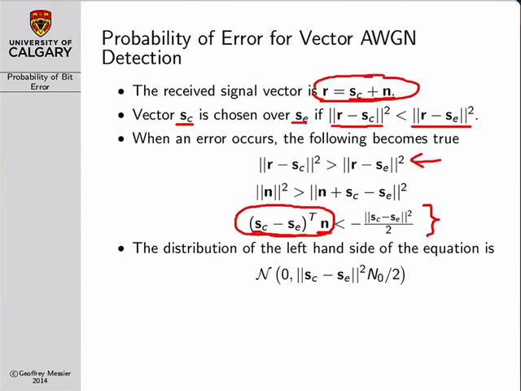And so if we look at the distribution after this vector multiplication, the noise terms will still be zero mean, but the variance, rather than being N_0 divided by 2, is N_0 divided by 2 scaled by the square of the distance. And that's just a result of this multiplication here.